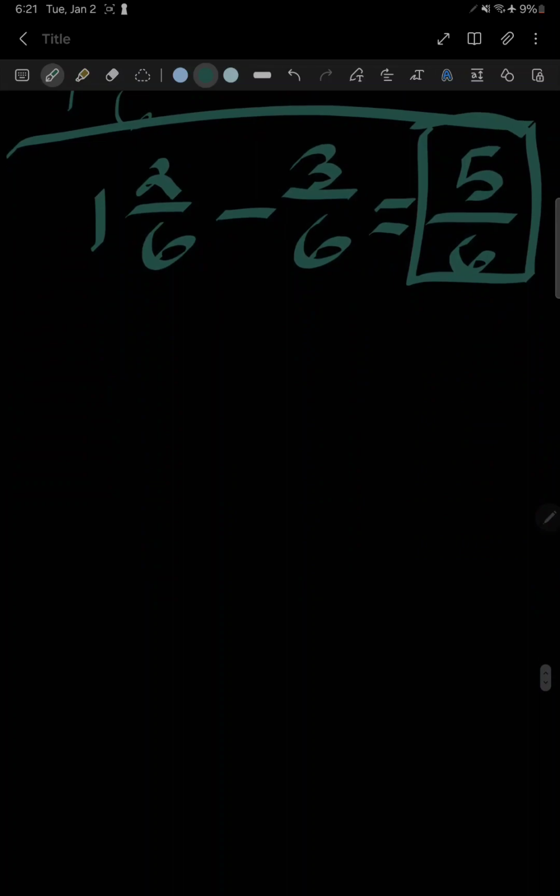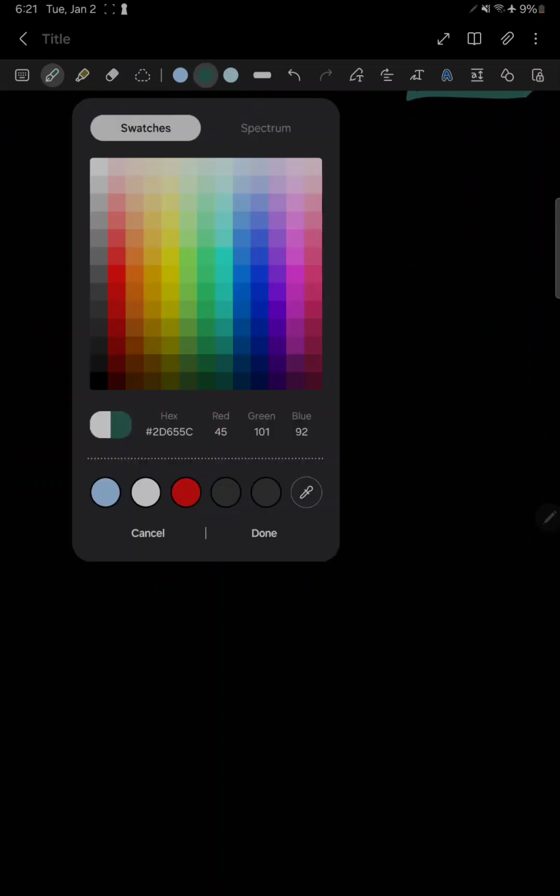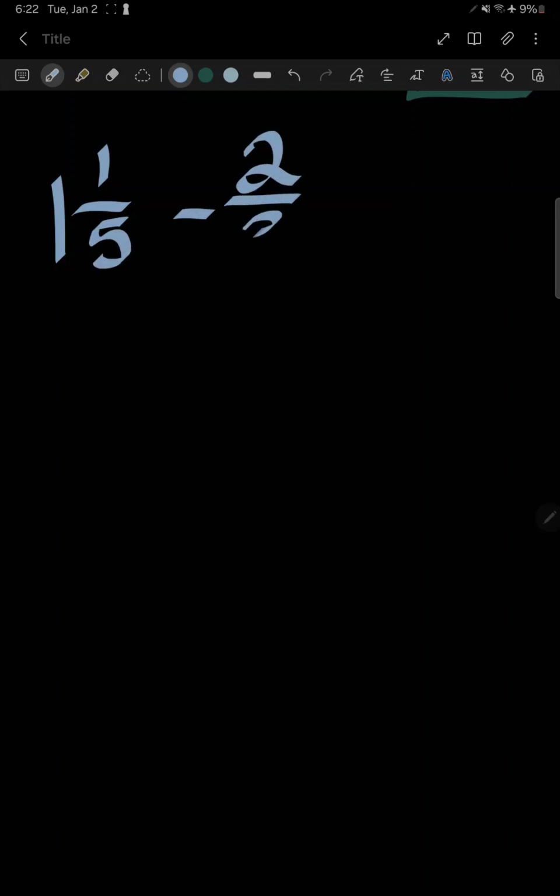Okay, let's do one more. Let's do this time, I don't know why, oh, there, now the color's working. Okay, let's do 1 1/5, take away 2/3. Okay, I'm going to draw my box.